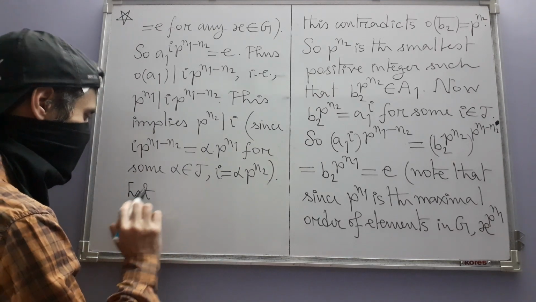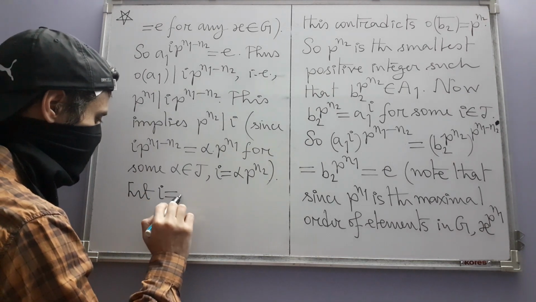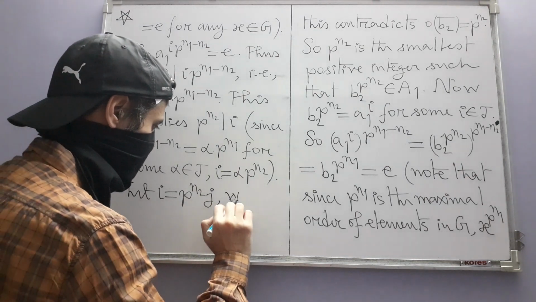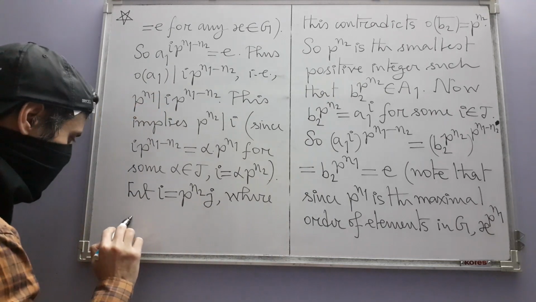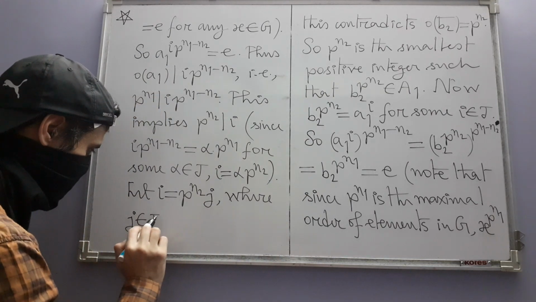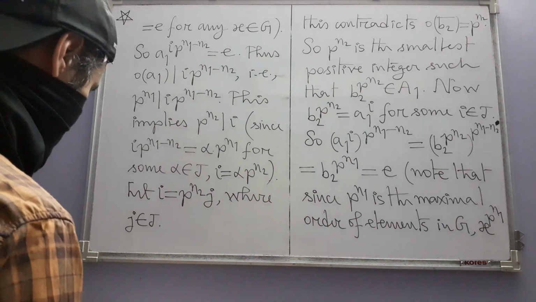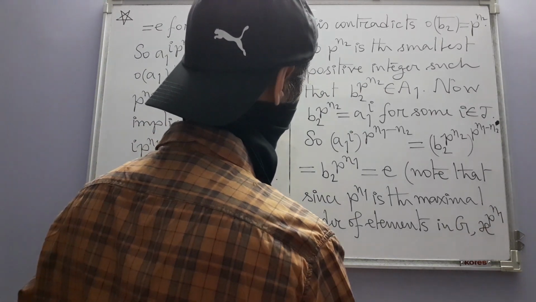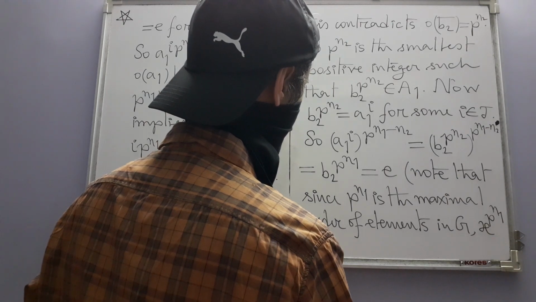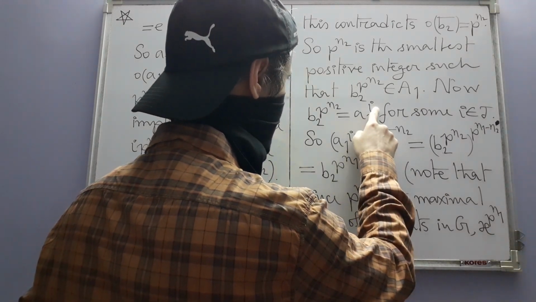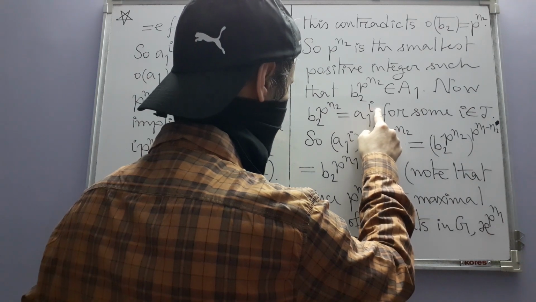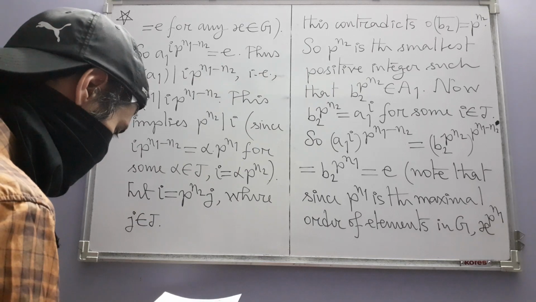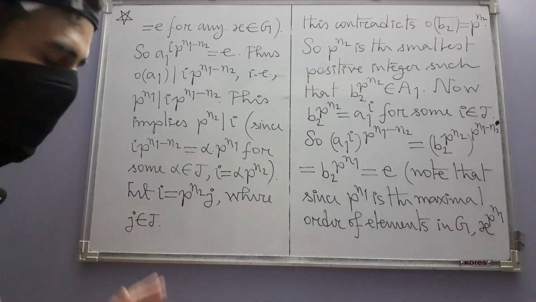Let I be equal to p to the power n2 times j, where j is some integer, some positive integer actually. Is it necessary for j to be a positive integer? Well, that is not something that we should be concerned about. j is some integer, that's what matters.